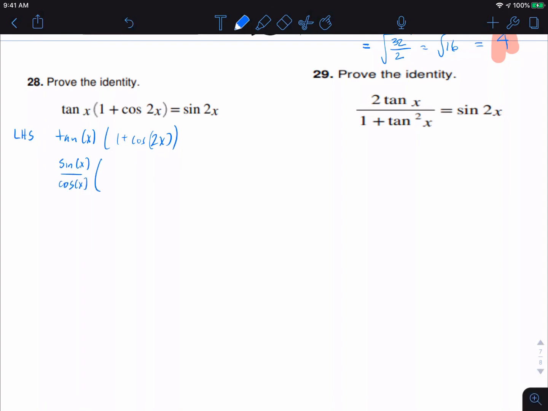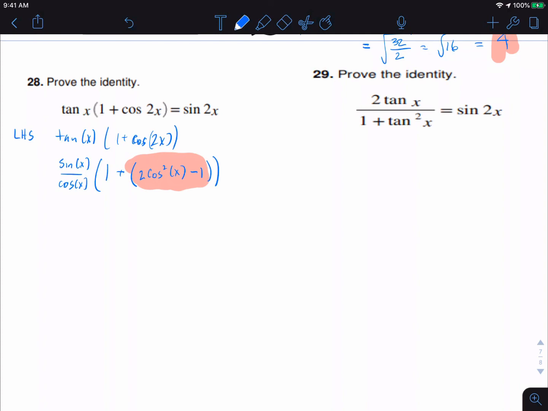And then on the inside, I'm going to go 1 plus, and then what I'm going to do with the cosine of 2x is use one of the formulas that we have. So I'm going to change that to 2 cosine squared of x minus 1. And that is one of the identities for cosine of 2x. And the reason I use that one is because it eliminates the 1 that's in the parentheses with it.